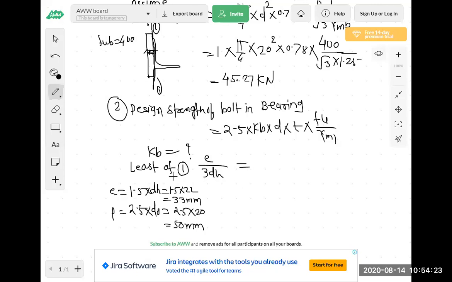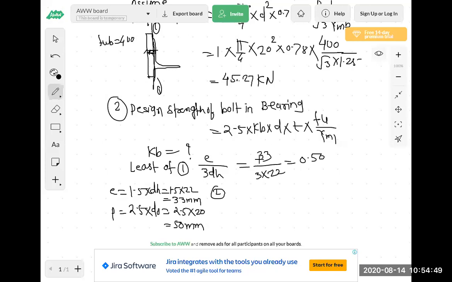Now the least value of e divided by 3dh. Now e is here 33 divided by 3 into dh, 22. How much? 0.50. We have seen in unit number 2 in detail many problems we have solved on this.